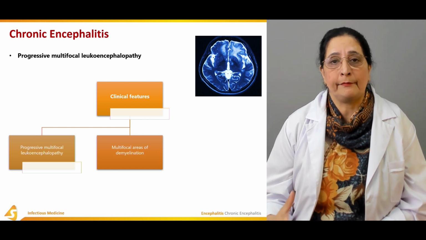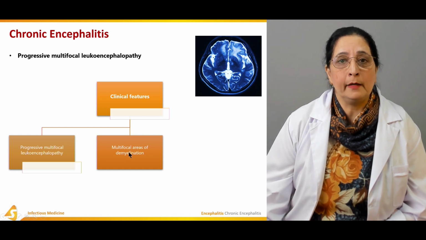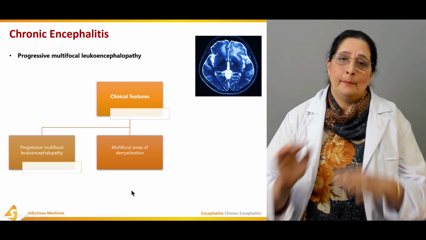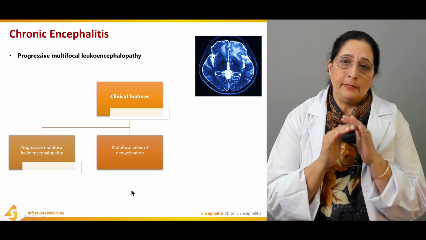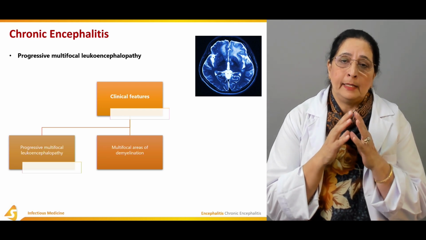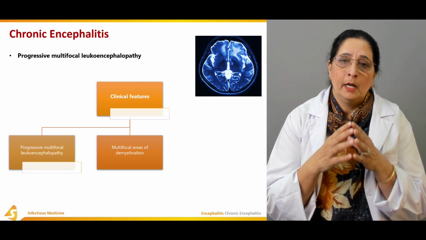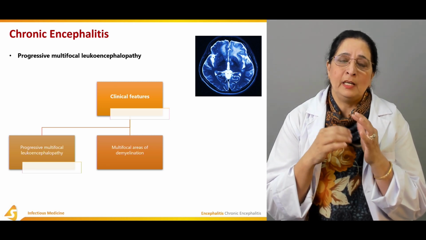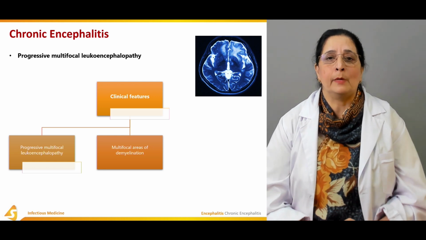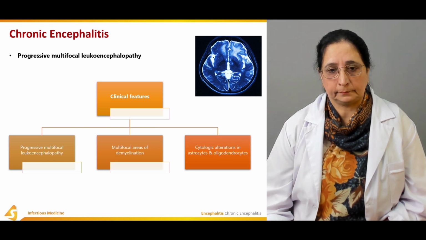There are multifocal areas of demyelination present also. Myelin sheath, myelin fibers are the covering of the nerves. When there is demyelination, the nerves are very sensitive, they are exposed.